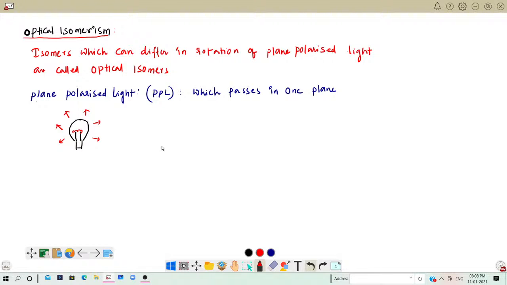Now if this light is passed in one direction, I place one nickel prism in the path of this.